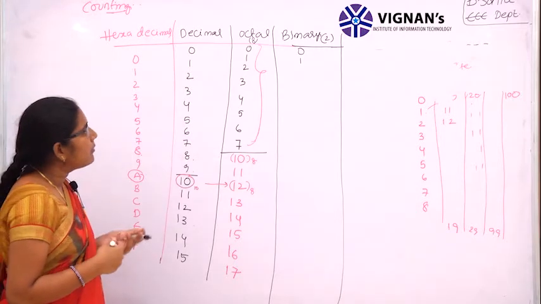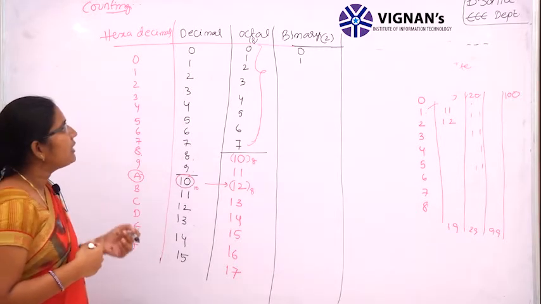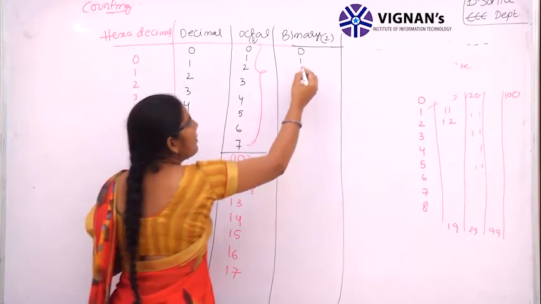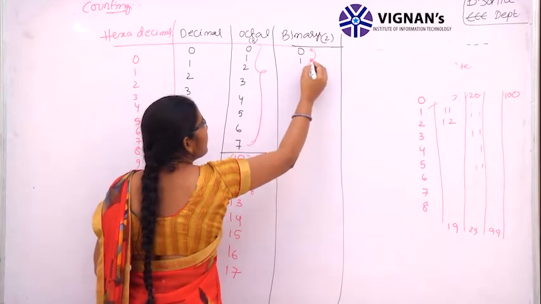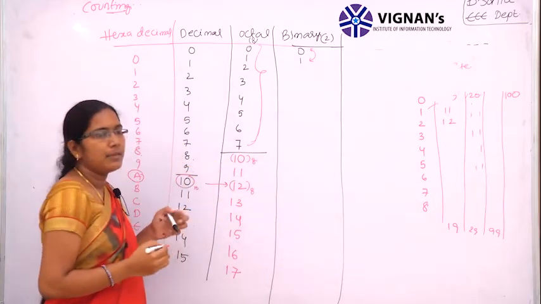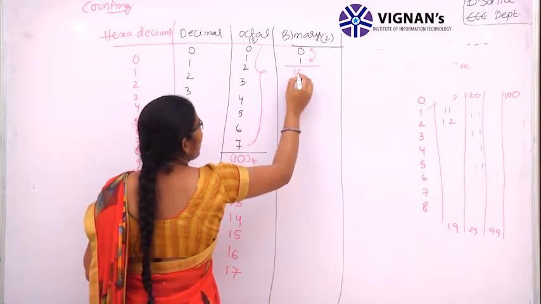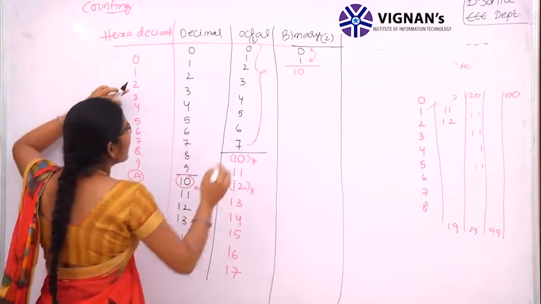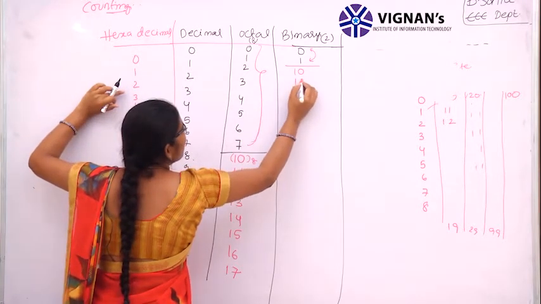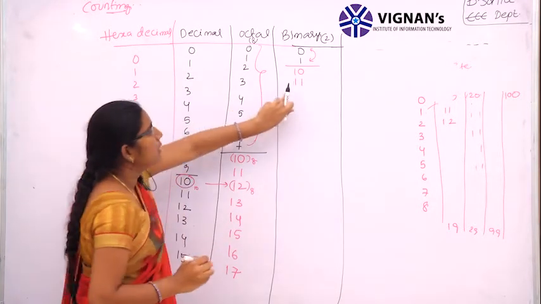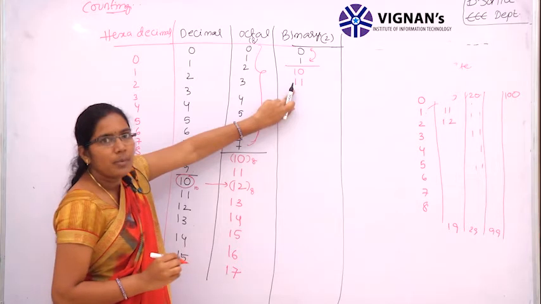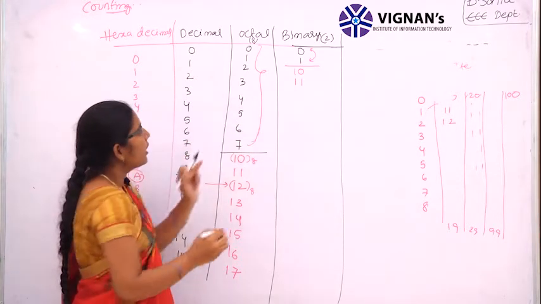So after 1, whatever number we have to consider must be developed as a combination of these two itself. So the next number will be 10, okay, and the next number will be 11. With this, the 2-digit combination is also over.